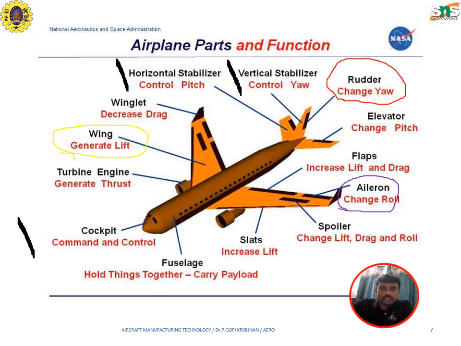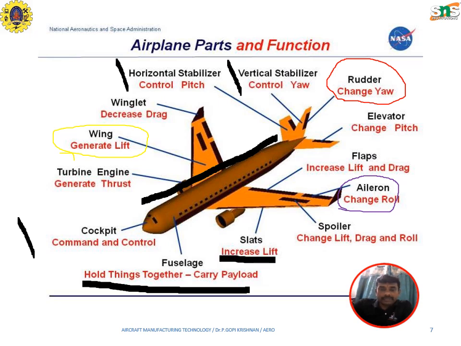And the fuselage is the entire central part in which the passengers are seated. The feature of the fuselage is to hold the things together and carry the payload. And the wings have slats for increasing the lift.